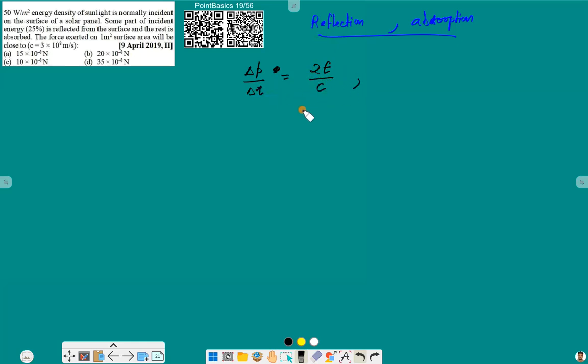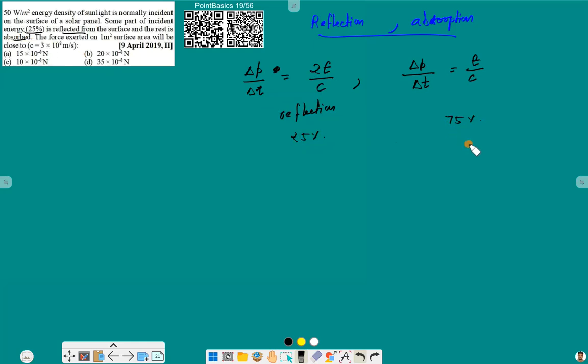This is for reflection. And similarly, for absorption, delta P by delta T, the change in momentum per unit time, is equal to E by C. Now here we know that 25% is reflected and the rest is absorbed. So reflection is 25% and absorption is 75%.